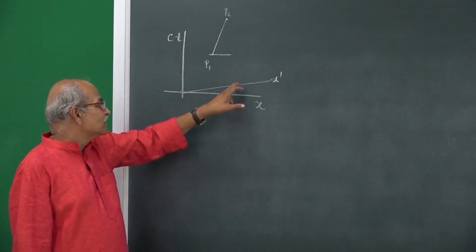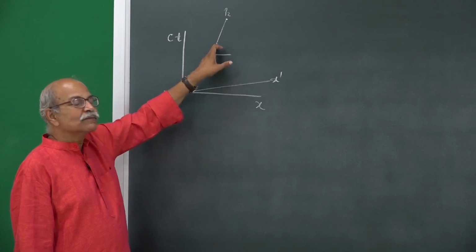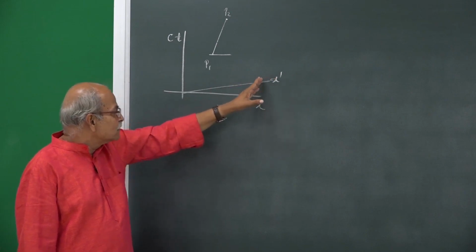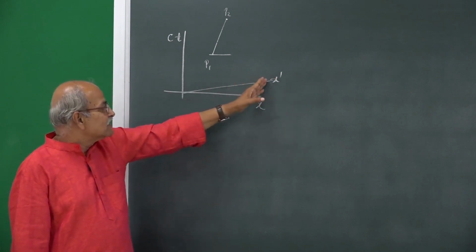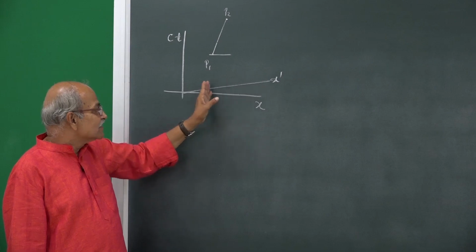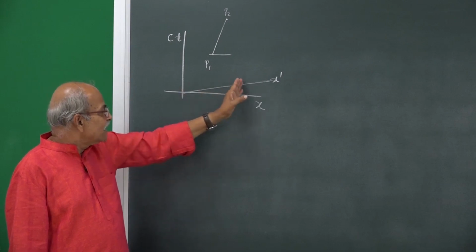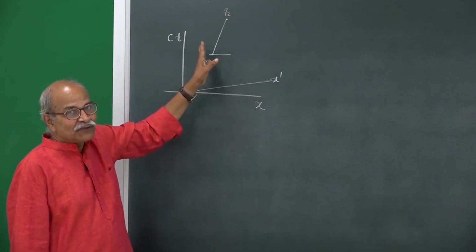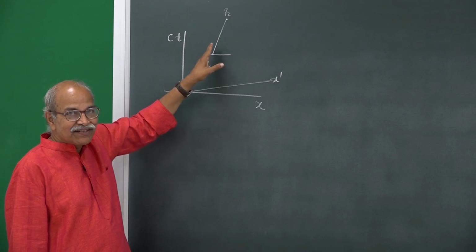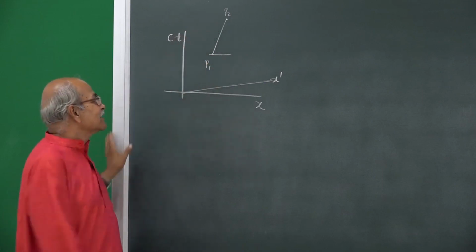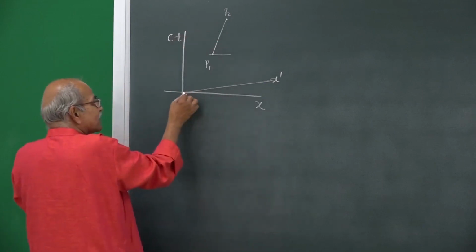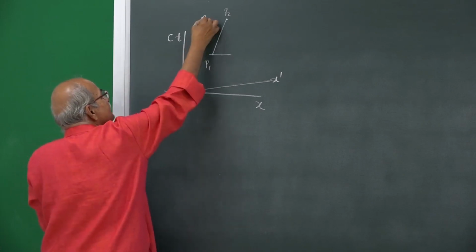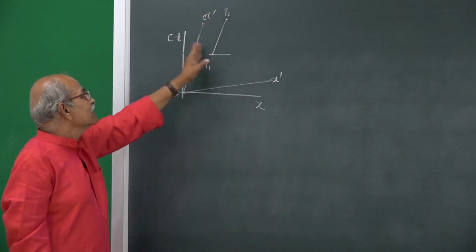So, in no frame this line can be parallel to this line, and parallel means if you go parallel to this x prime line, x prime changes and t prime does not change. So, there is no frame in which these two will have same time, that we saw. There is a frame in which they occur at the same position, right, because you can have a frame in which the ct prime line is parallel to this P1 P2.